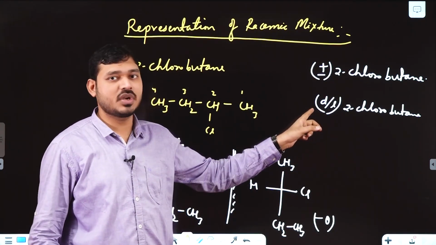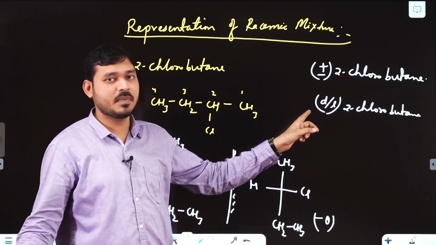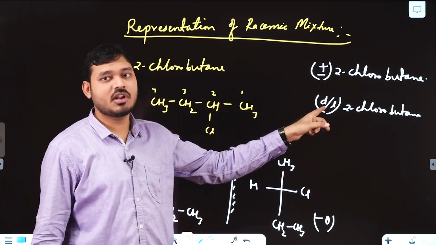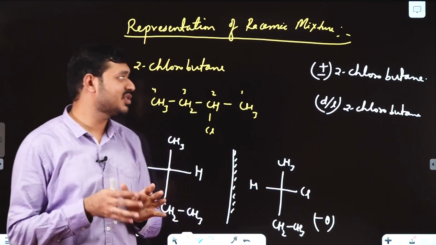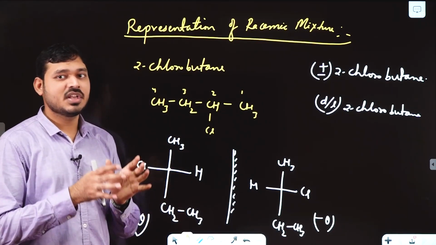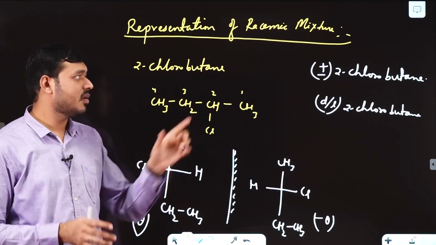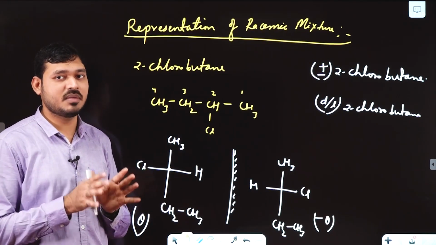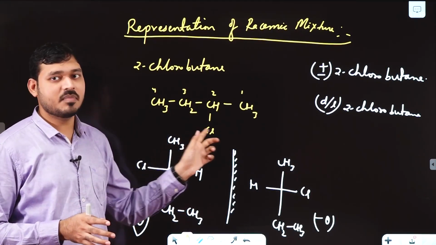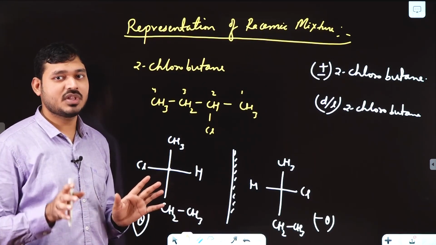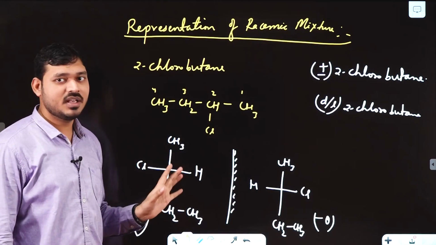Plus is for dextrorotatory, means clockwise rotation of PPL, and minus is for anti-clockwise rotation, that is levorotatory. So if you are told plus minus 2-chlorobutane, it simply means you are having an equimolar mixture of both, means there is an enantiomeric mixture. That will be 50% of one enantiomer and 50% of the other. Clear? So the net rotation due to that will be 0.